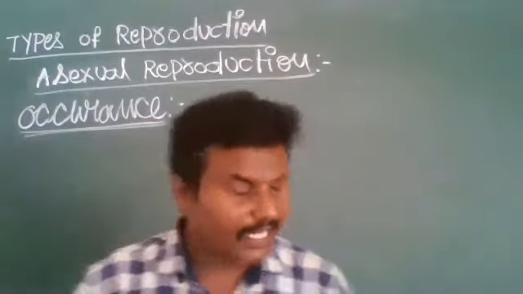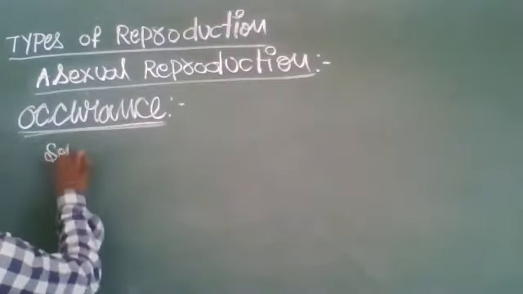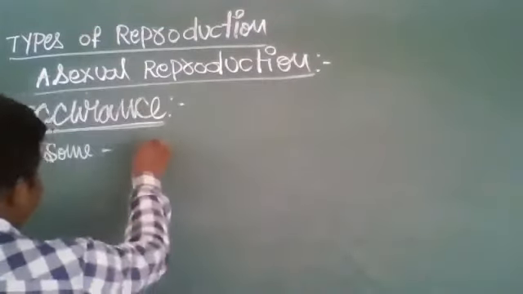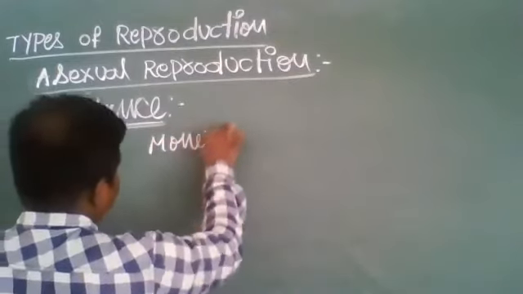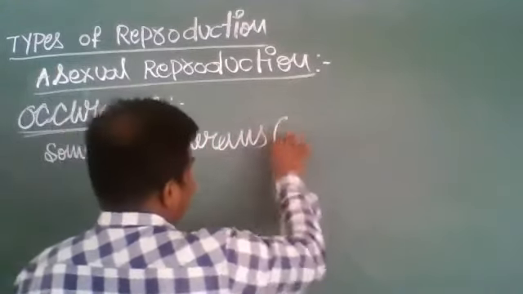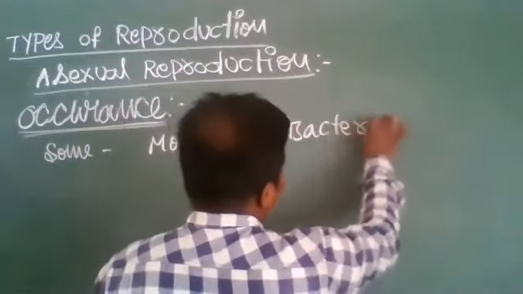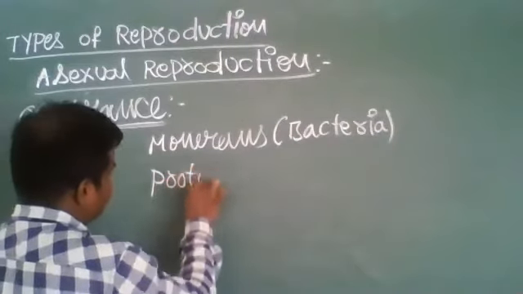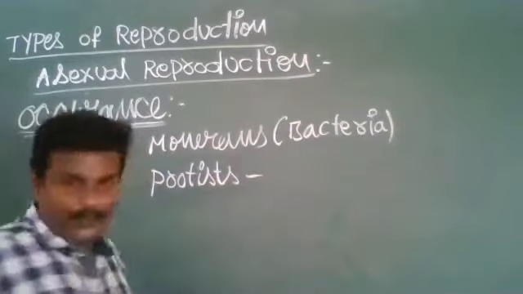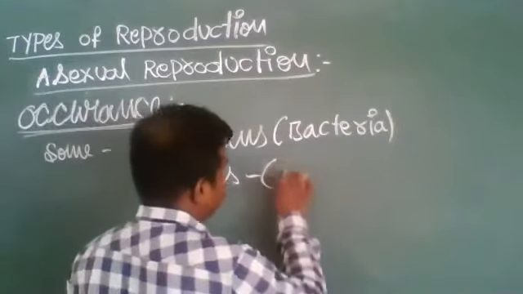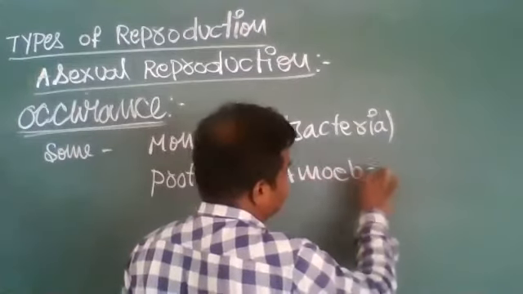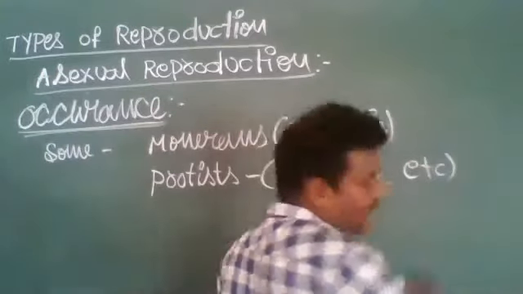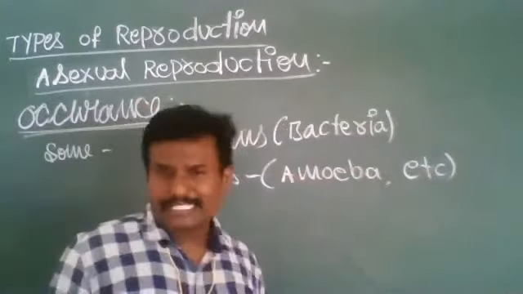Some single-celled organisms like monerans, such as bacteria, and protists, that is amoeba, paramecium, euglena, etc., commonly show asexual reproduction.